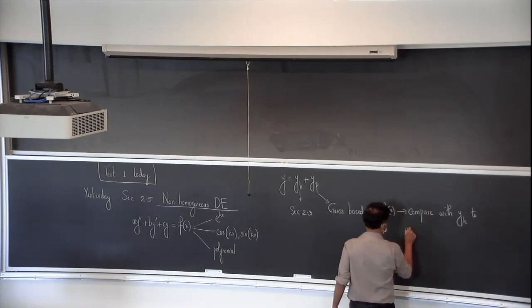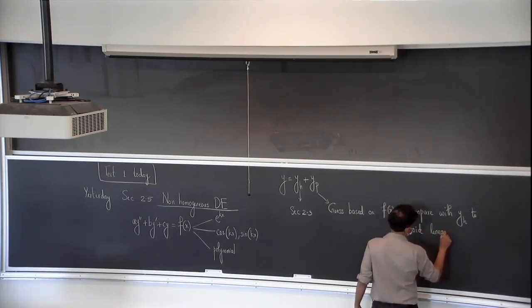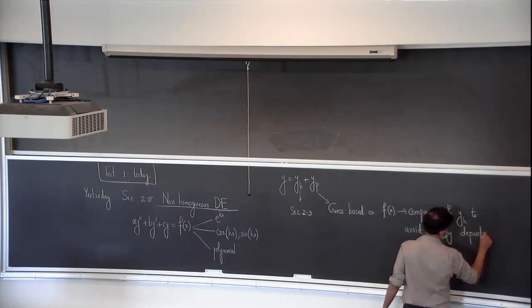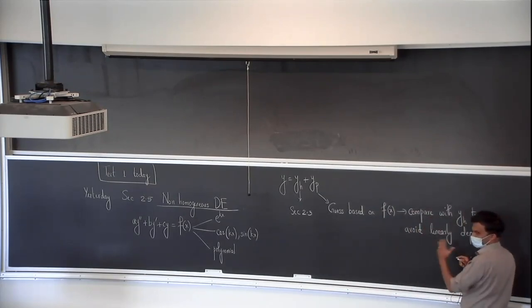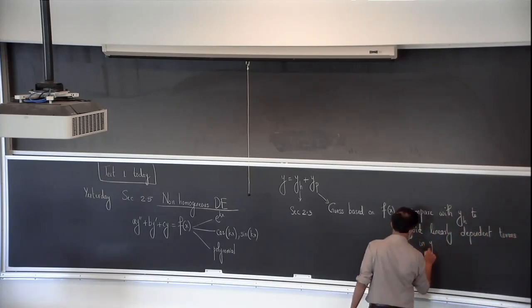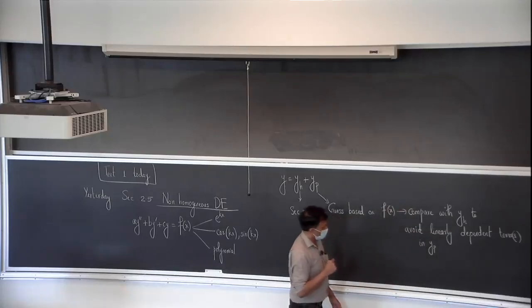Okay. Dependent terms in YP. You cannot do anything with YH. Okay, that is fixed. The only thing we could manipulate is YP, and that is what we are trying to do here. Okay. Linearly dependent terms in YP could be term or terms. Okay. We saw a few examples yesterday.